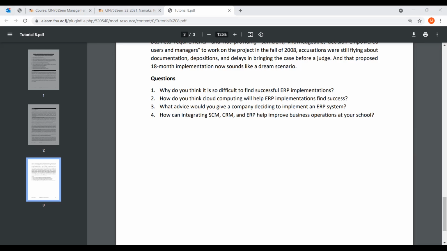Okay, so this is why there's a lot of difficulty in successfully implementing enterprise resource planning systems.